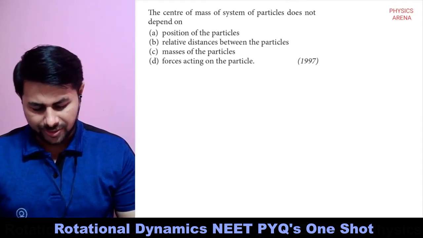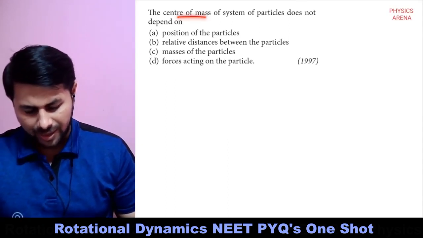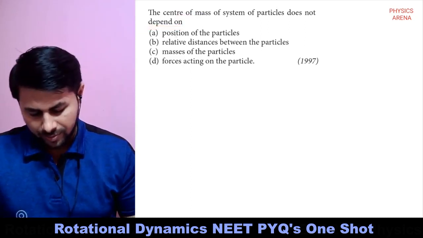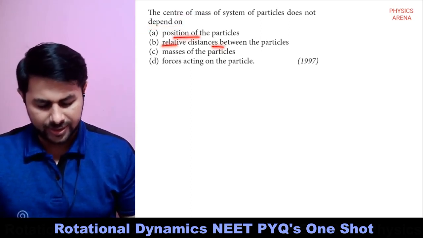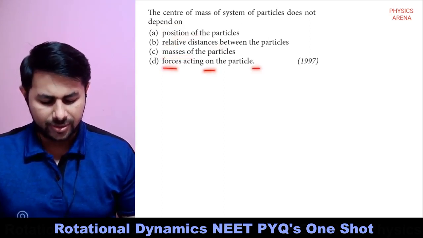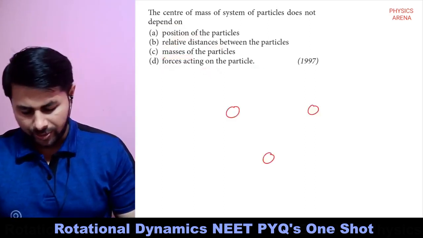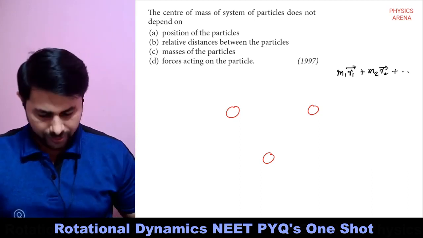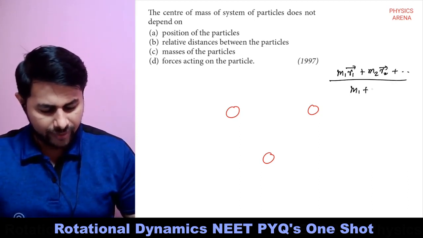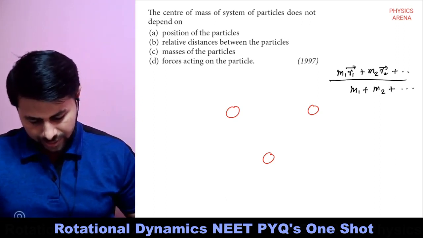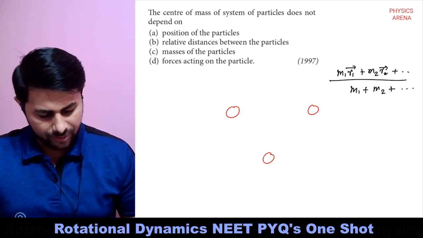Then this next question. The center of mass of system of particles does not depend on position of particles, relative distances between the particles, masses of particles, and forces acting on particles. So what's the formula? It is m1 r1 bar plus m2 r2 bar plus so on up to mn rn bar, upon m1 plus m2 plus so on up to mn. This is the position vector of center of mass.